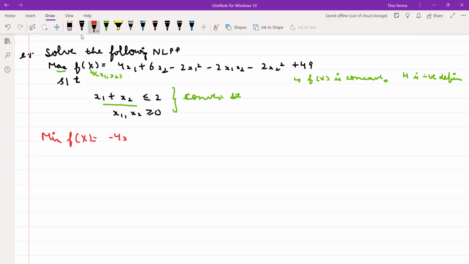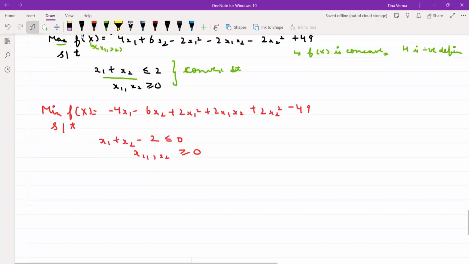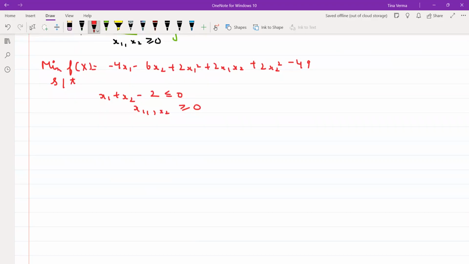This will be minimize minus 4x1 minus 6x2 plus 2x1 square plus 2x1x2 plus 2x2 square minus 49, subject to the constraints x1 plus x2 minus 2 less than or equal to 0, and x1, x2 greater than or equal to 0. The first and foremost thing is that I have to construct my Lagrange multiplier function L(x, lambda).